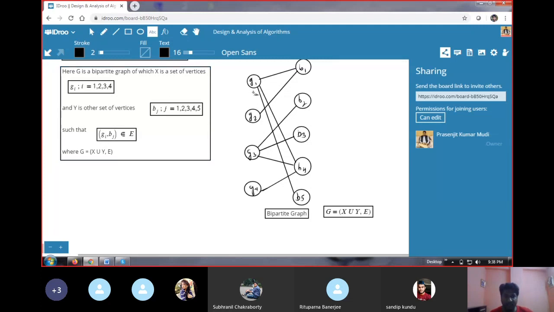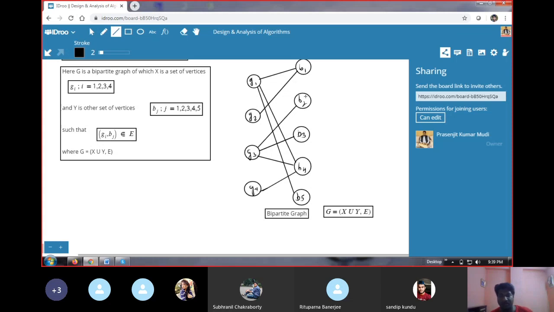So we will not have any edge between the vertices which belong to the set X, and we will not have any edge between any two vertices which belong to the other set capital Y. But we may have an edge G_i comma B_j, such that G_i B_j belongs to capital E. But G_i comma G_j, G_i comma G_k is not possible.